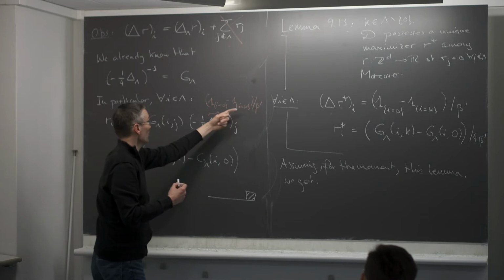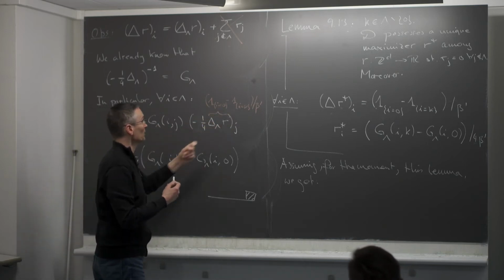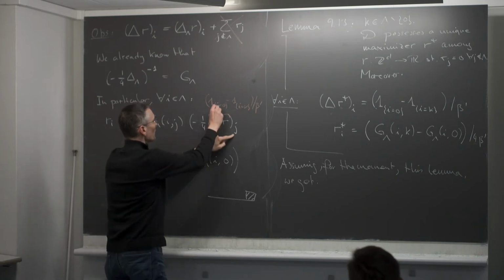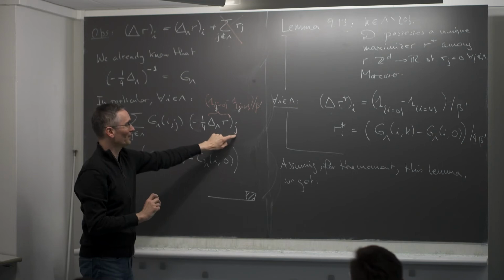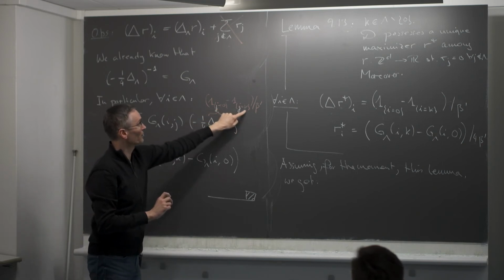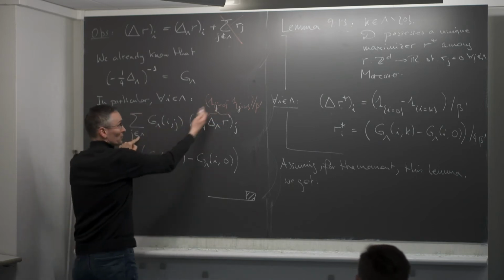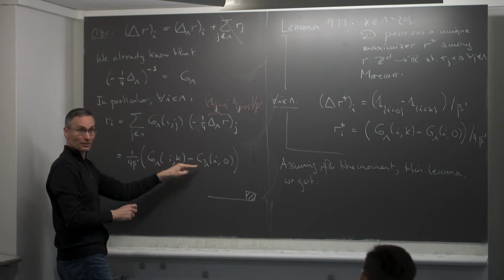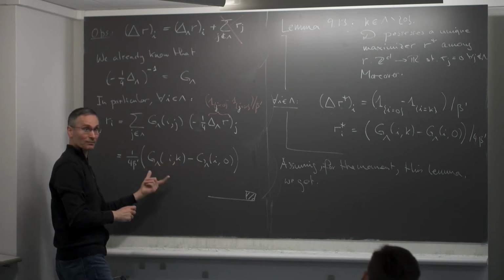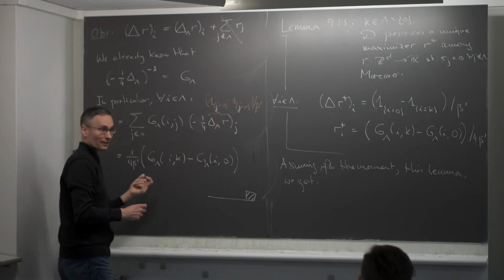Once I've made this substitution, the only terms in the sum that survive are, sorry, it's j, it's not I. Maybe that was what was confusing you. I'm evaluating it at j, not at I. So j equals 0, j equals k. The only terms that survive are these two terms. Otherwise I just get 0, because the indicators are 0. All the other terms in the sum are 0 because the indicators vanish.